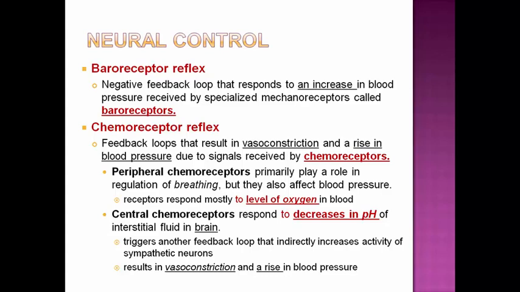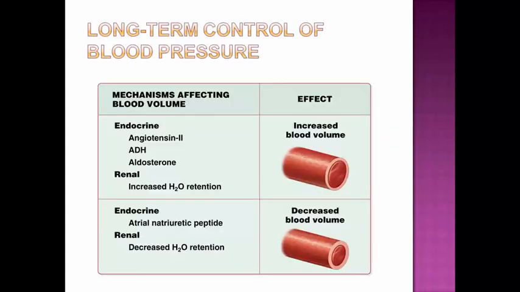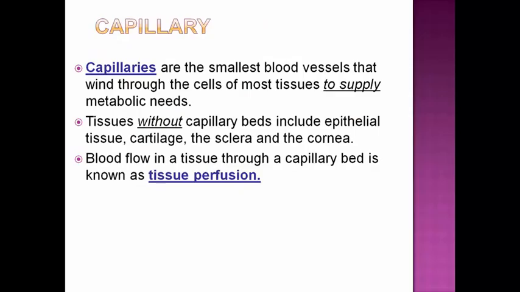So again, blood pressure is regulated by both the baroreceptors and the chemoreflexes under neural control. Long-term, we said, it is by influencing the amount of water, either retention or decreased retention, that can affect blood volume and directly affect blood pressure.